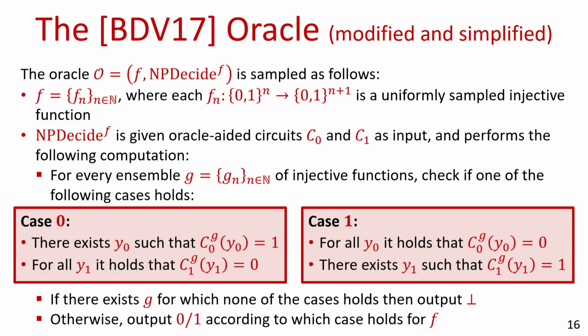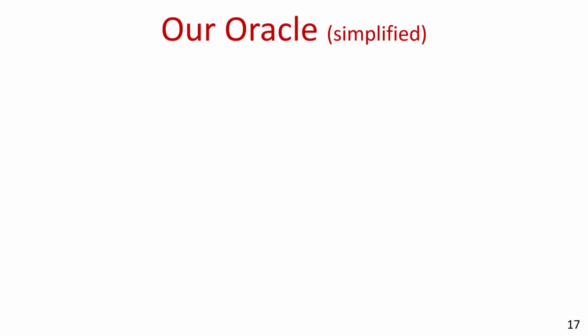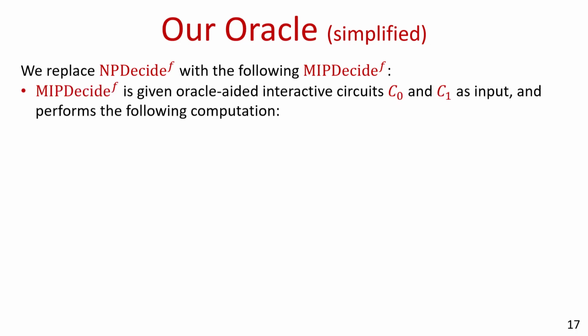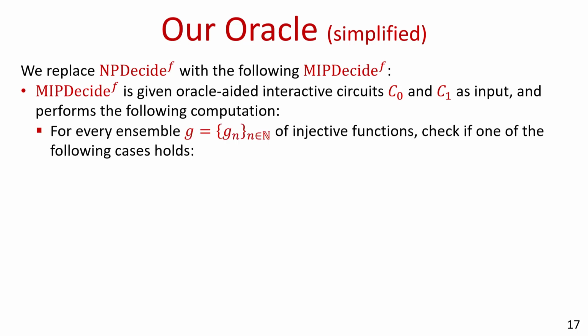So this was the BDV oracle, and for our oracle, we replace NP-decide of f with the following MIP-decide of f. Given oracle-aided interactive circuits C0 and C1 as input, MIP-decide of f performs the following computation. For every ensemble G of injective functions, it checks if one of the following cases holds.